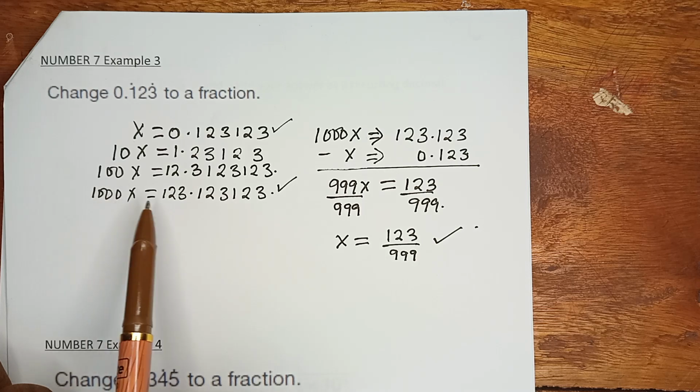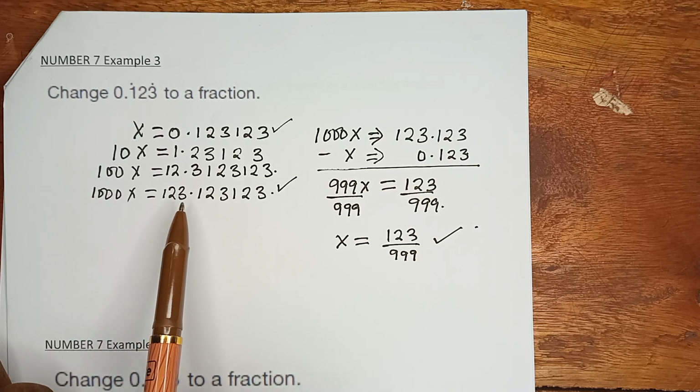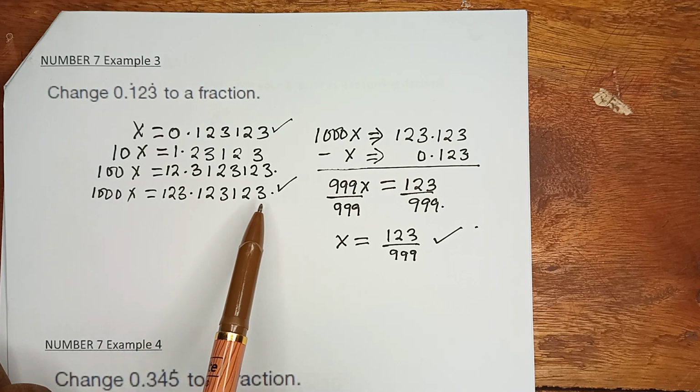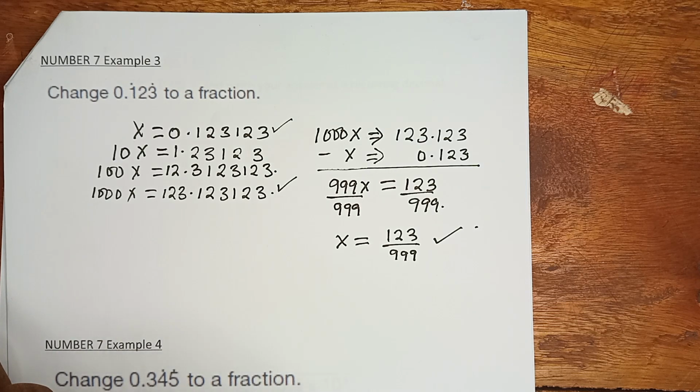Automatically 1000x would have given us 123.123, but we cannot assume, because not all problems are going to take this course, and I'll explain in the next example why we cannot just assume and go direct to a multiple which will give us identity after the decimal point.